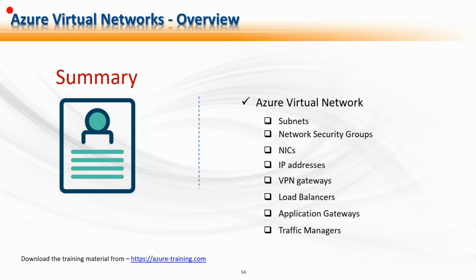We also learned about the 3 different load balancing techniques, which are Azure load balancers, application gateways, and traffic managers. We learned about the differences between the Azure load balancers and the application gateways, and when to use which kind of load balancing technique.